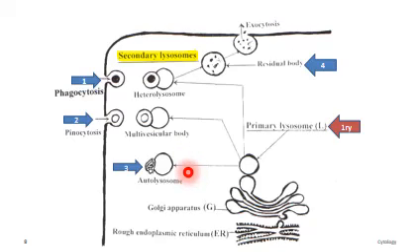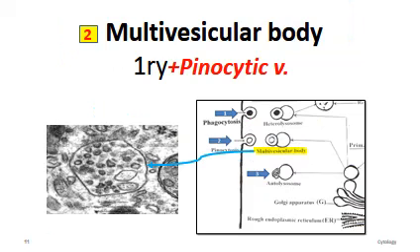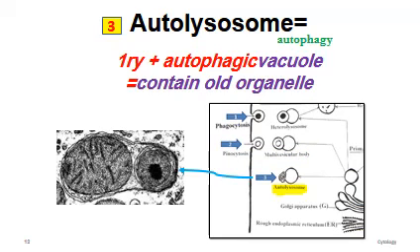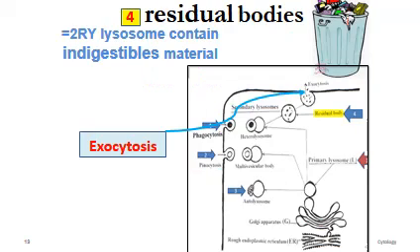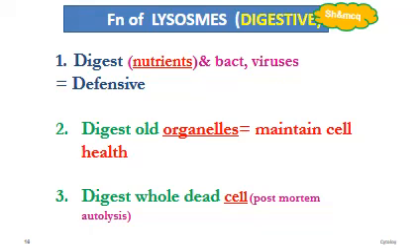The end product of digestion of any of these structures can be eliminated by the cell to the outside by exocytosis, but sometimes it is retained inside the lysosome, and these are known as residual bodies.